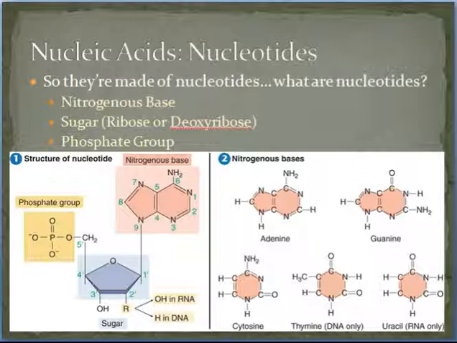What are nucleotides? They are essentially three things. A nitrogenous base. We say nitrogenous just meaning it has nitrogen in it. We have sugar, which in particular will be ribose or deoxyribose, pretty much. And phosphate, a phosphate group.